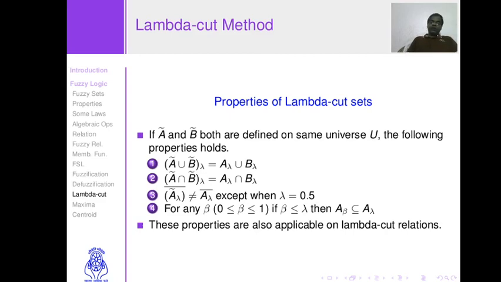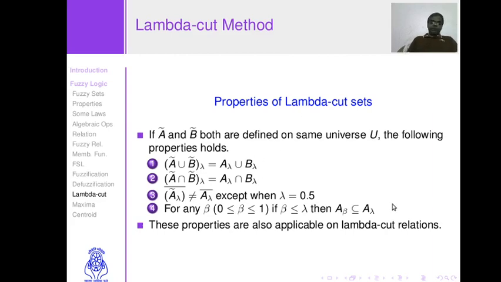Lambda cut sets are those classical sets which are obtained from a fuzzy set by applying the lambda cut method. In the same way, a lambda cut relation is a classical relation which is obtained by applying the lambda cut method on a fuzzy relation. So both lambda cut sets and lambda cut relations follow these properties.